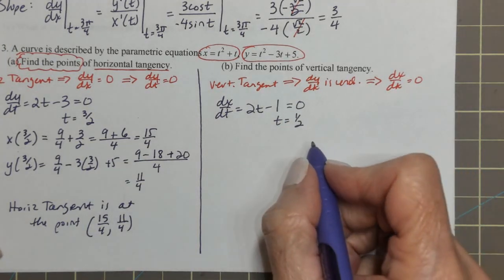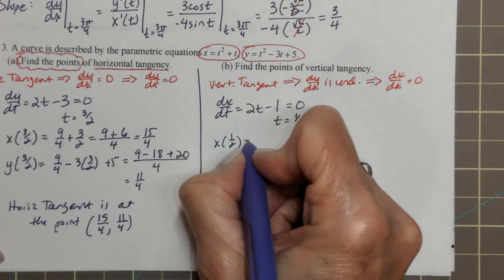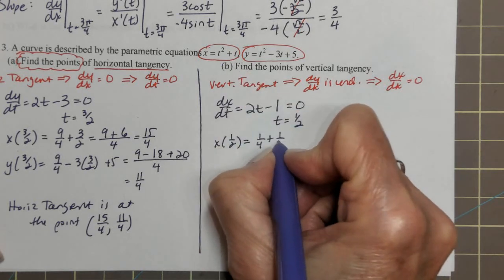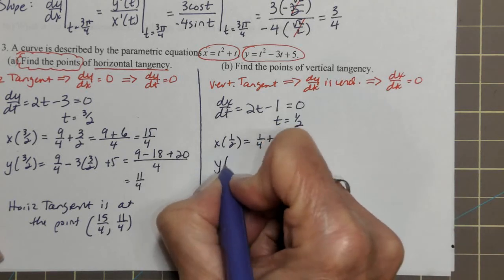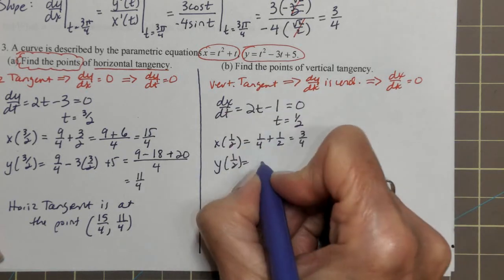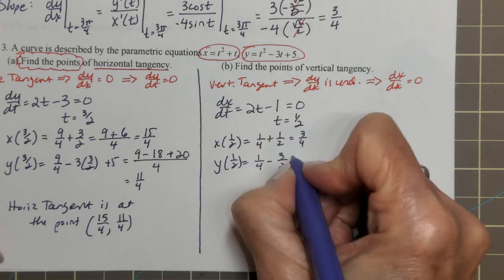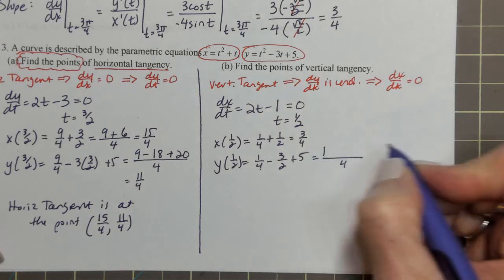Again, we want the points. So we're going to find x at 1/2 and y at 1/2. So x at 1/2 is going to be 1/4 plus 1/2, which is 3/4. I can do that one in my head. Y at 1/2 will be 1/4 minus 3/2 plus 5. Can't do that one in my head. Common denominator time.